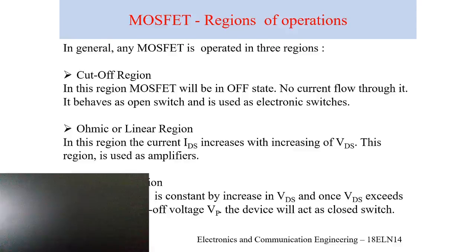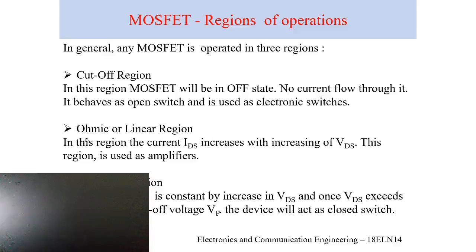In the off state, no current will flow through it, so obviously it will act as an open switch. We already saw in the introduction that a MOSFET can act as a switch also. So it acts as an open switch and is used as an electronic switch.